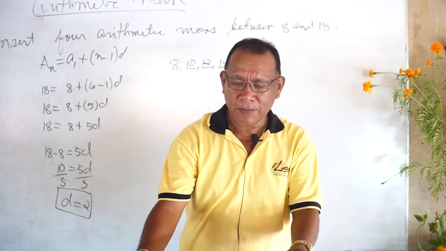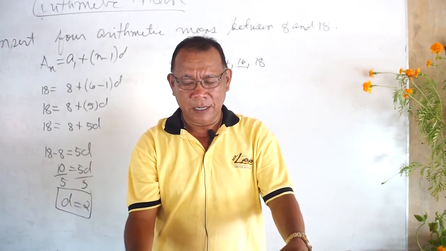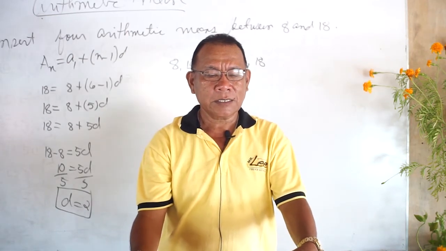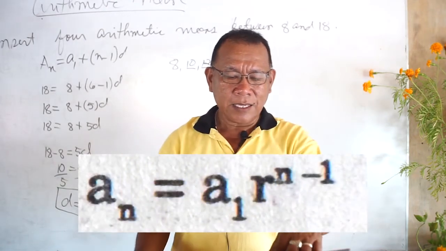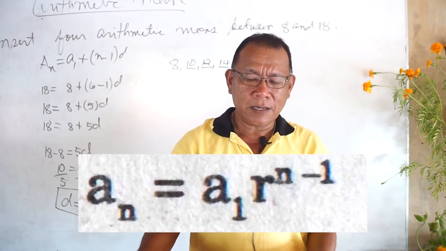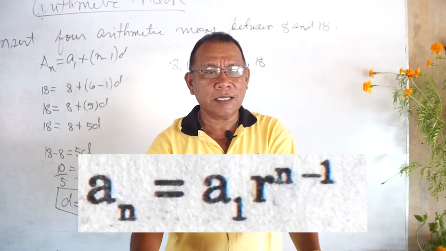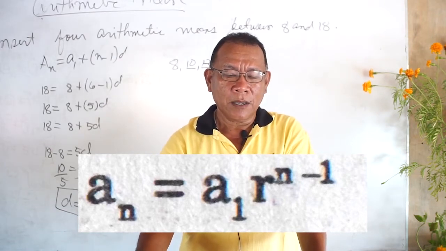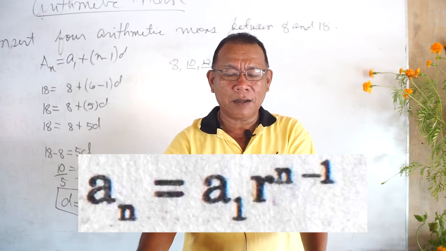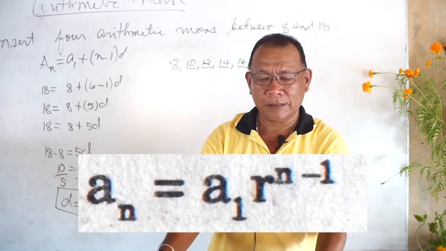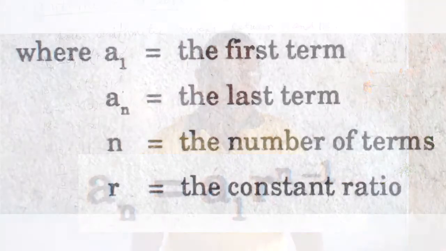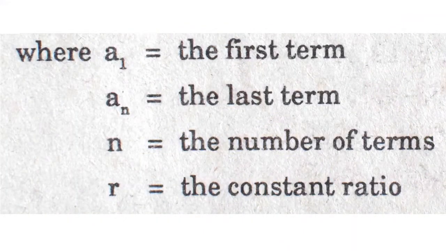The formula in solving the geometric sequence is A subscript n equals A subscript 1 multiplied by R raised to the power of n minus 1, where A subscript 1 stands for the first term.